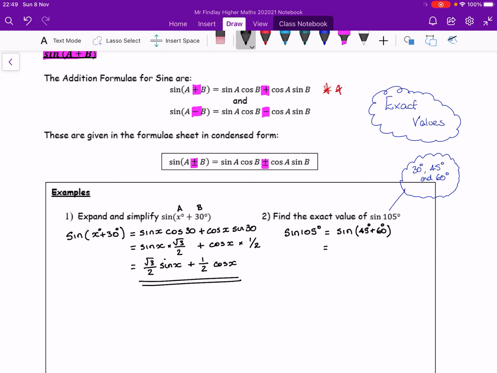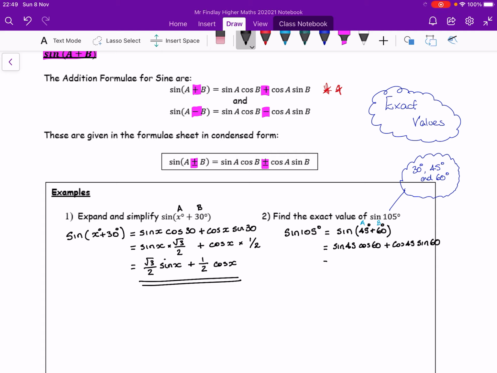My expansion states when I have an A and a B value, I have sine 45 cos 60 plus, in the expansion there, plus cos 45 sine 60. So I've expanded using my values, and now I have four different trig exact values to calculate.